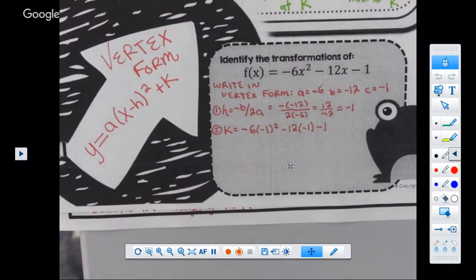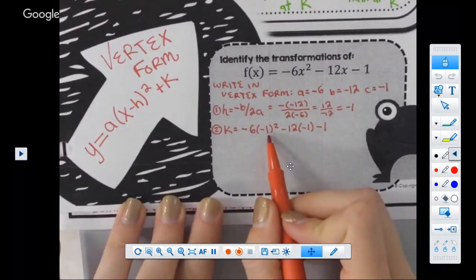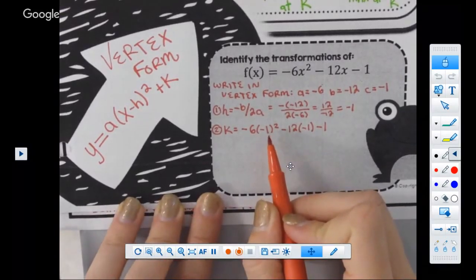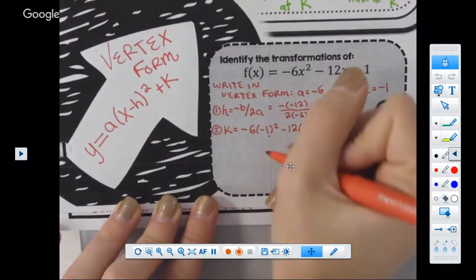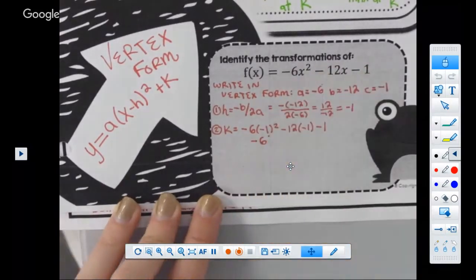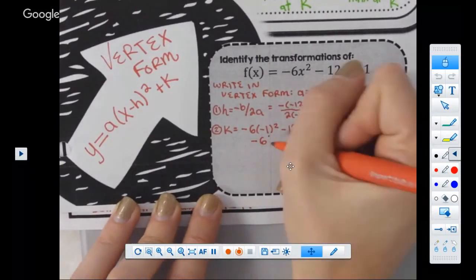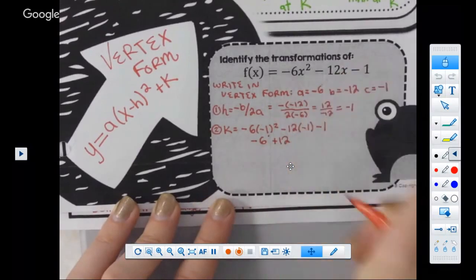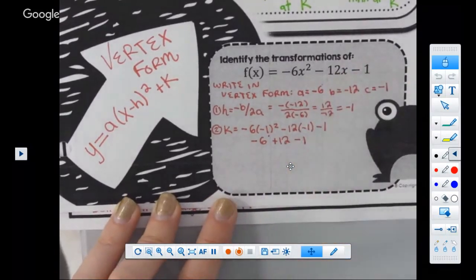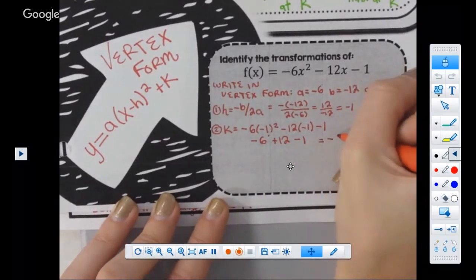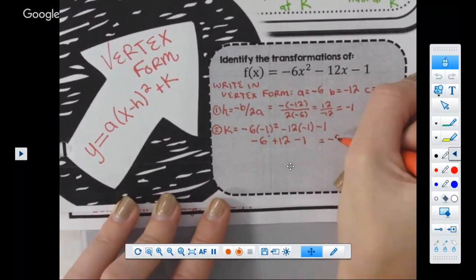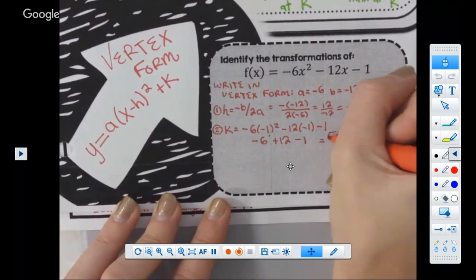Some of you actually have to do it step by step. Negative 1 squared is going to give us a positive 1 times negative 6, negative 6. And negative 12 times negative 1 is 12. Minus 1 altogether, that gives us, not negative 5, 5.